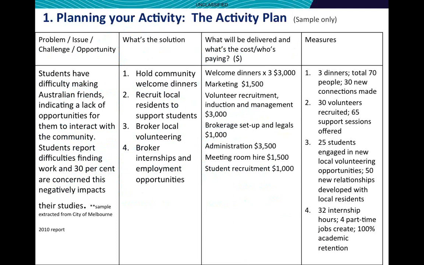A sample only figures, so please don't use those as a guide when you're setting up your budget for your activity. And you can see there we've listed out the types of things that we'll need to do in order to provide this solution. And in the last column, we're considering how we're going to measure the success of what we've said we'll deliver.